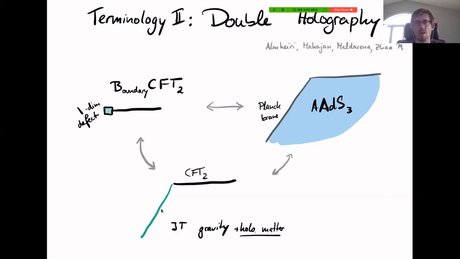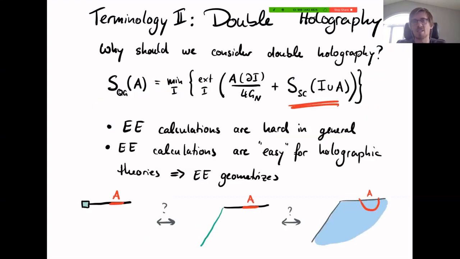Okay, so why would we do this actually? Why do we introduce yet another layer in our description? The reason is, and Raghu already mentioned this, that computing entanglement entropies is generally really hard, and in particular in higher dimensions it is really hard. However, if our theory is holographic, we can cheat a bit.